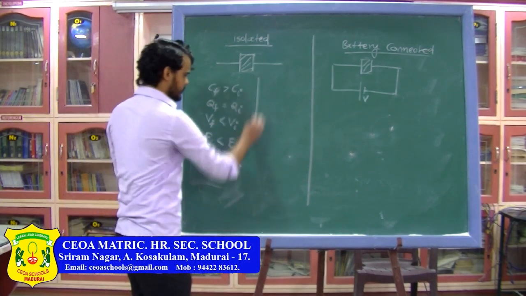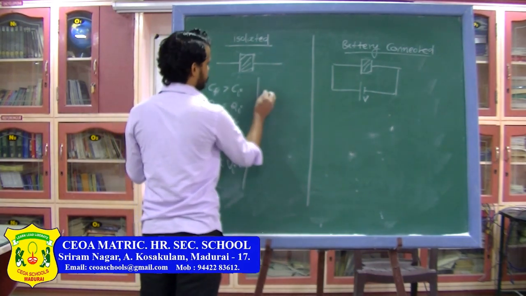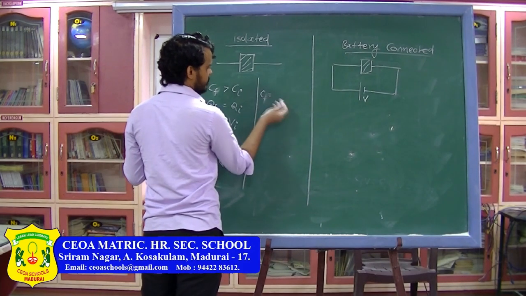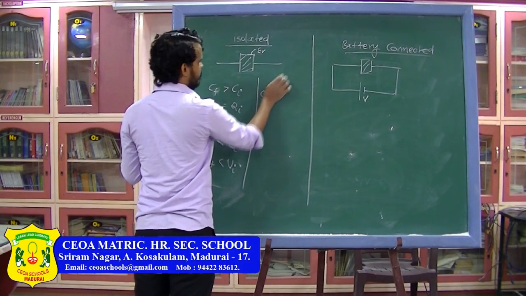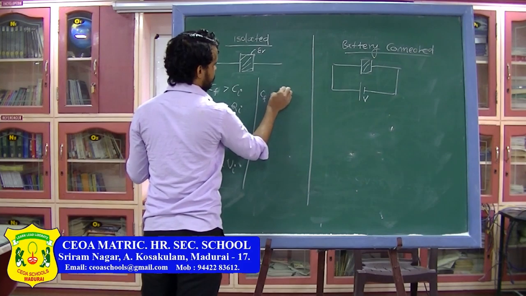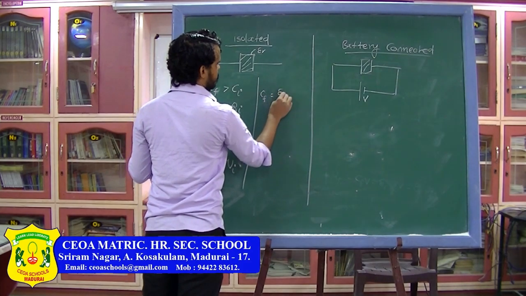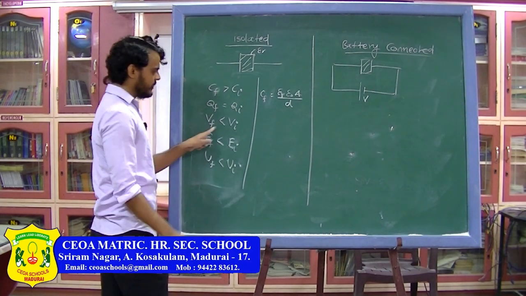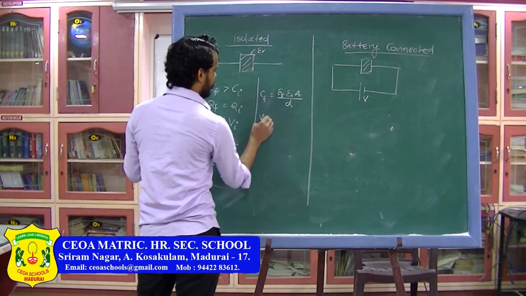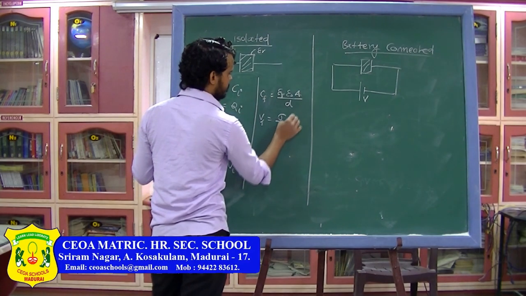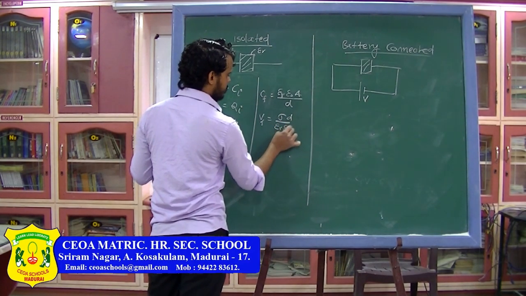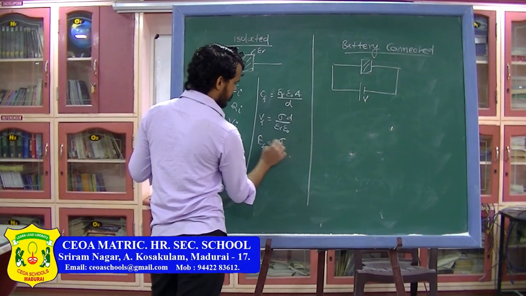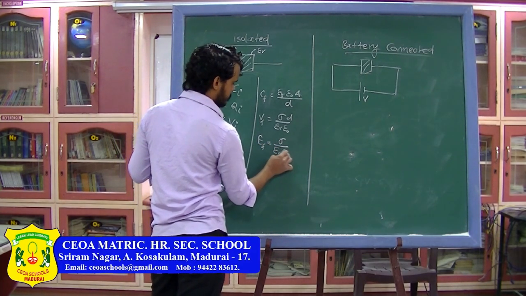So you can write here, C final formula can be written as, with the dielectric medium, if it is epsilon r, then the C final can be written as epsilon r times epsilon naught A divided by D. Similarly, the formula for potential final can be written as sigma D divided by epsilon r into epsilon naught, and electric field formula can be written as sigma divided by epsilon r epsilon naught.